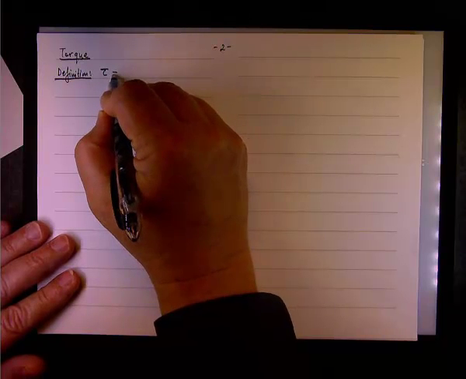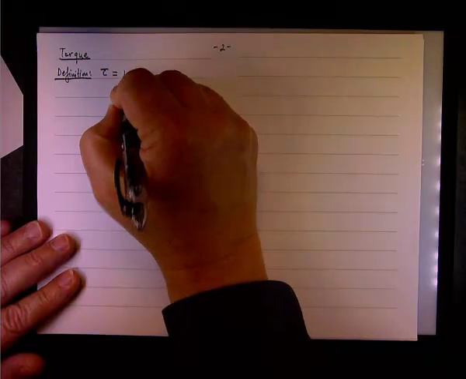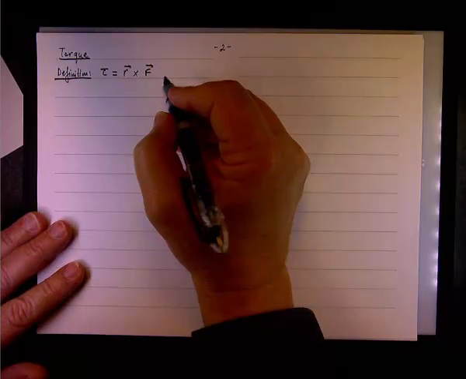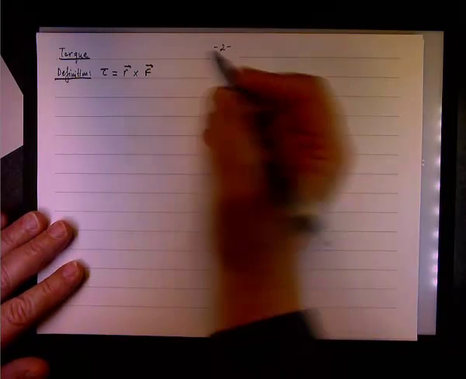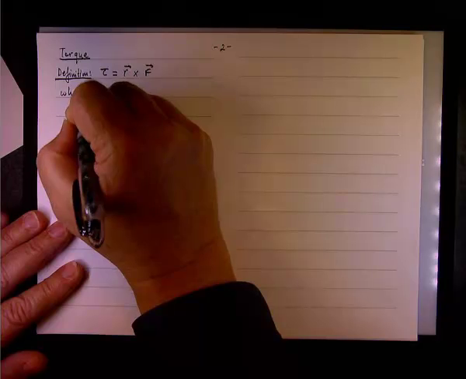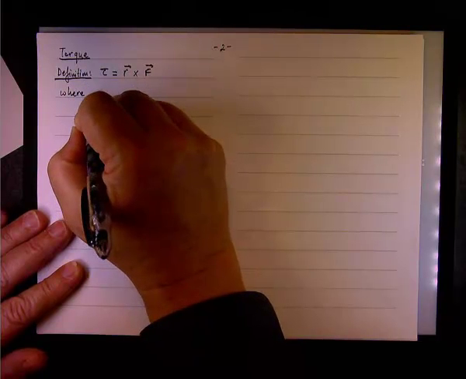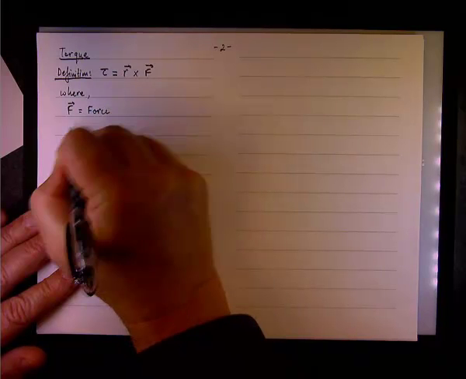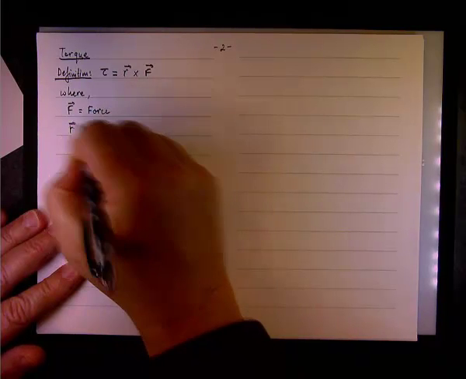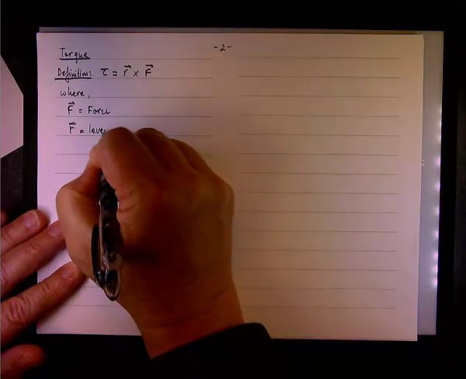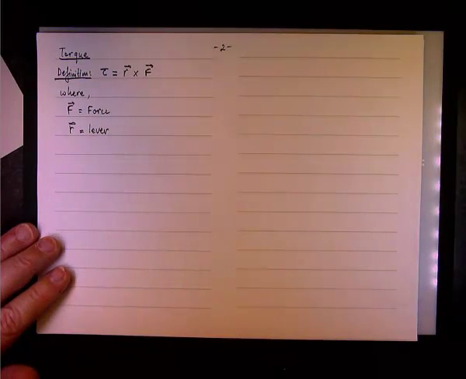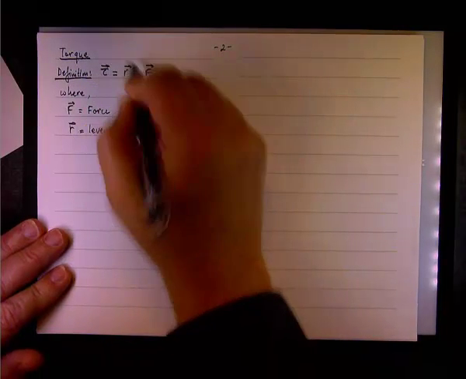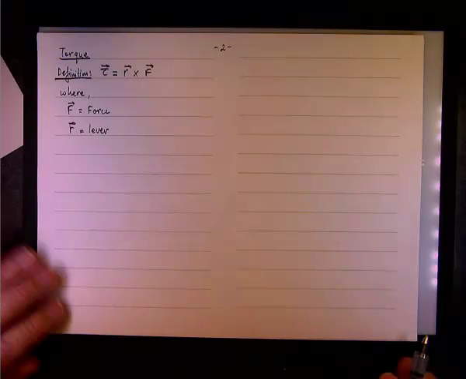We're going to say that the torque will be R cross F, where F is a force and R is some kind of lever. Of course, the torque itself is a vector, as the cross product is a vector.